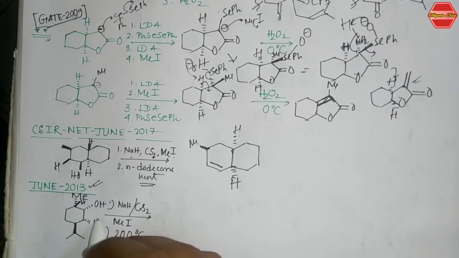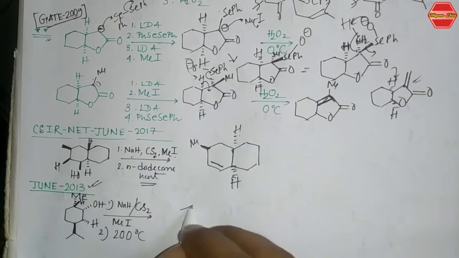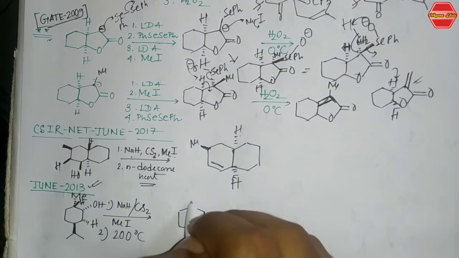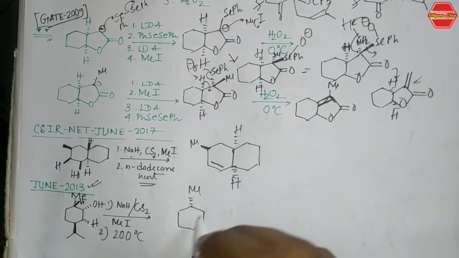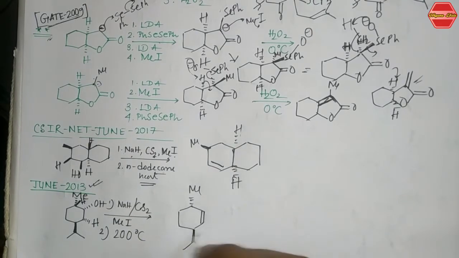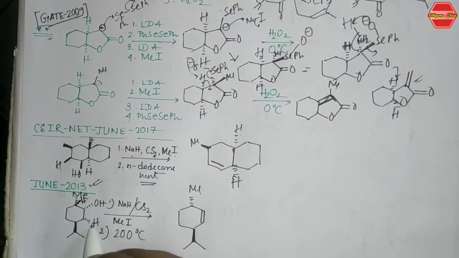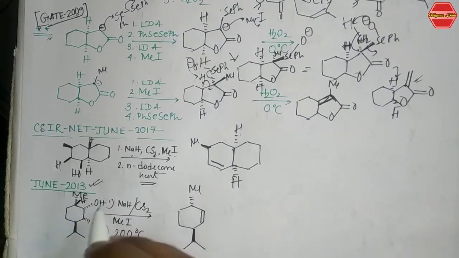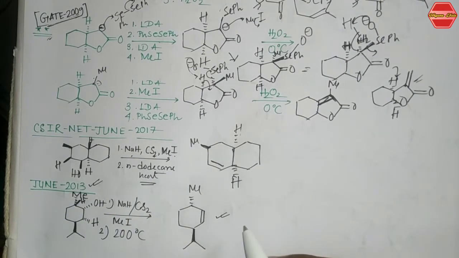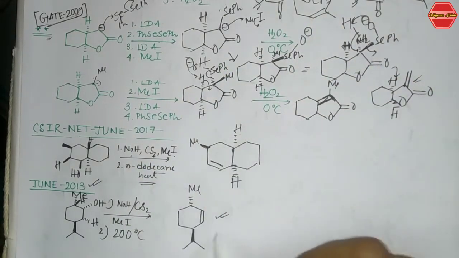So you have this hydrogen over here which is below the plane, and that is what you get from this reaction, the alkene formation in this position, because this methyl is below the plane and the hydrogen is also below the plane, syn to this overall group. After heating, the pyrolysis of the xanthate ester gives this product in major amount, right?